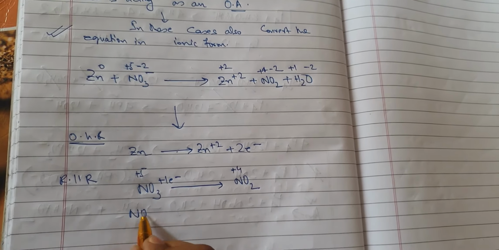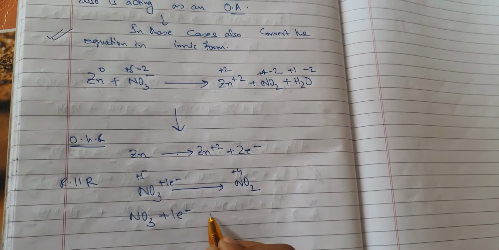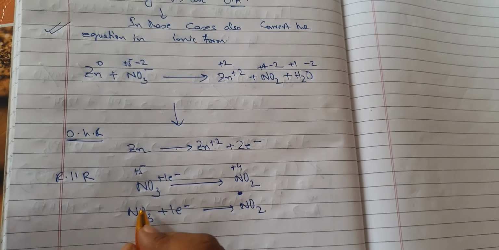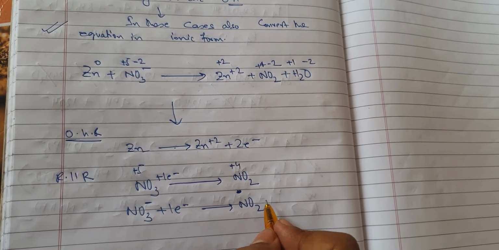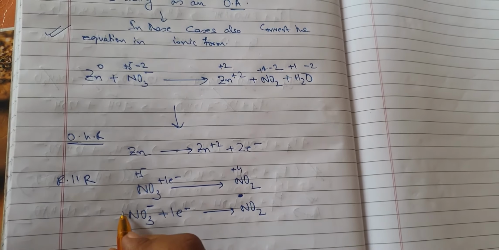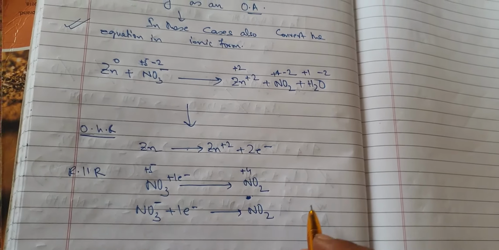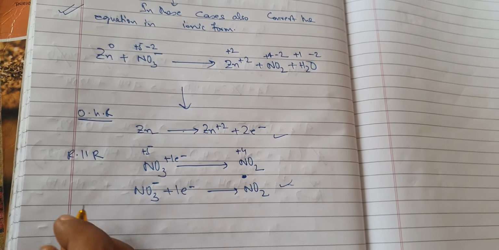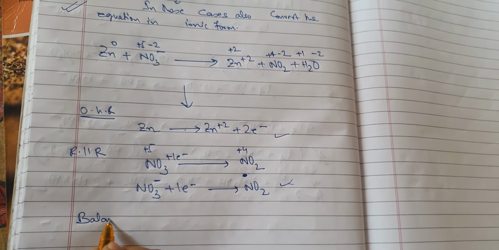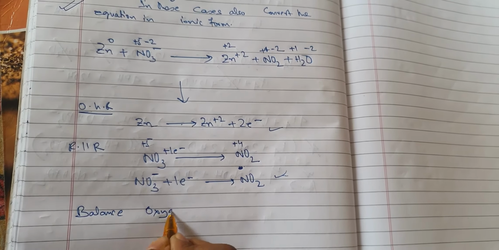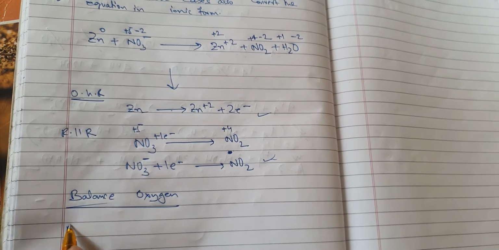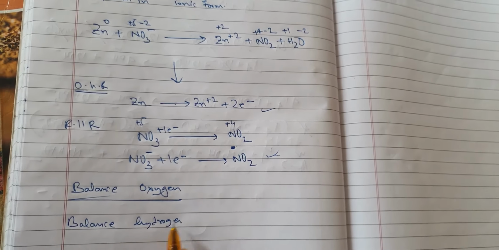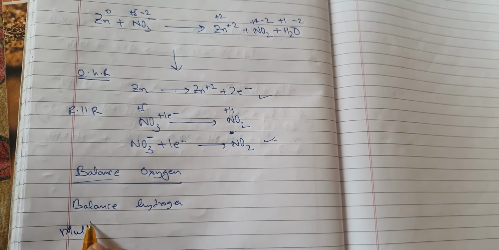Write it properly: NO3 minus plus 1 electron gives NO2. Okay, so I hope that you have understood this. Now taking these half reactions, the next step is balance oxygen. The next step is balance hydrogen. The next step is multiply with a suitable number.